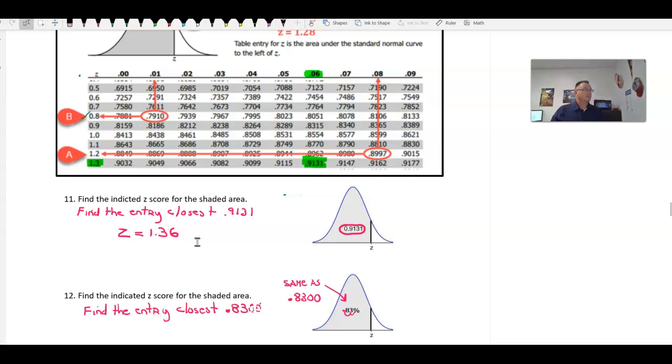Okay, so we go up here and we try to find the closest one to that.